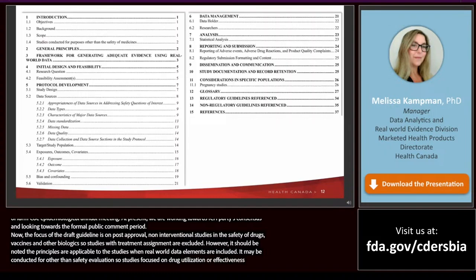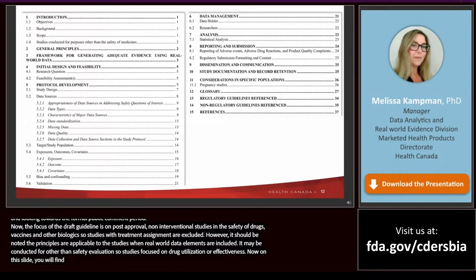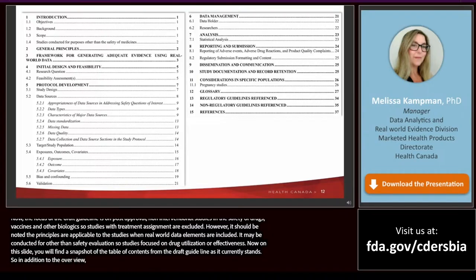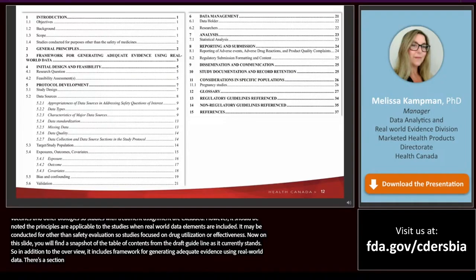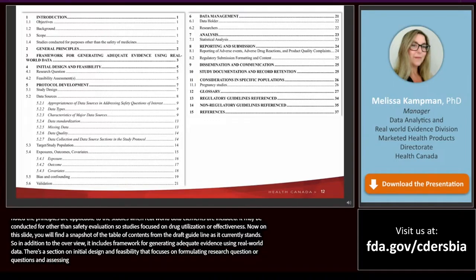Now, on this slide, you will find a snapshot of the table of contents for the draft guideline as it currently stands. So, in addition to an overview of general principles, it includes a framework for generating adequate evidence using real-world data. There is a section on initial design and feasibility that focuses on formulating the research question or questions and assessing feasibility.